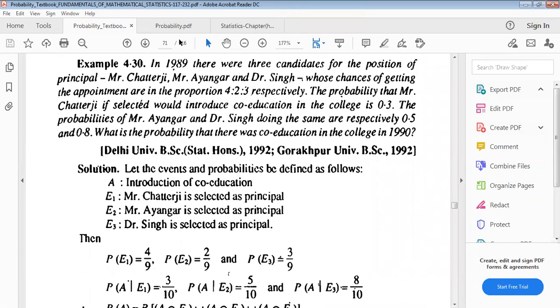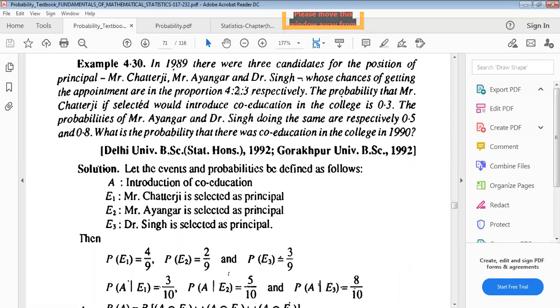Okay, now another example of Bayes theorem. In 1989, there were 3 candidates for the position of principal: Mr. Chatterjee, Mr. Ayanagor, and Dr. Singh, whose chances of getting appointed are in the proportion 4 to 2 to 3 respectively. That means there are 3 candidates.